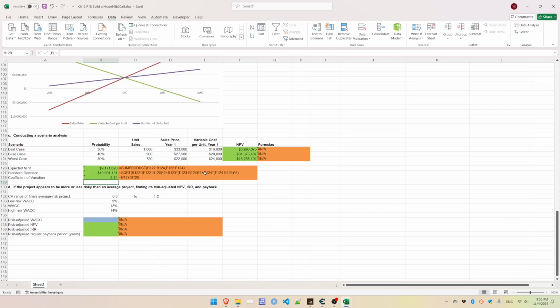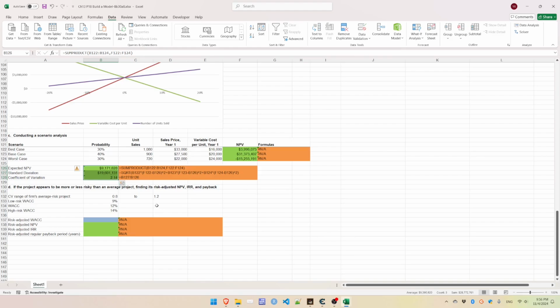So that's most of the calculation. Then, if the project appears to be more or less risky than the average project, you find its risk-adjusted NPV, IRR, and payback, right? You just need to use the correct WACC in this calculation.